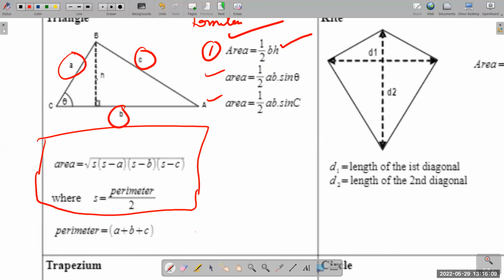Once you realize you have all three sides, you know it's possible to find the area using a formula, and this is the formula. You just have to calculate S. Here you see the formula uses S, and what is A? A, B, and C are the three different sides. How do you calculate S? The perimeter divided by 2. Again, all of this is in your formula sheet. So if you don't remember, you just look at it and you follow. Everybody understand what I'm showing you here with this second formula?